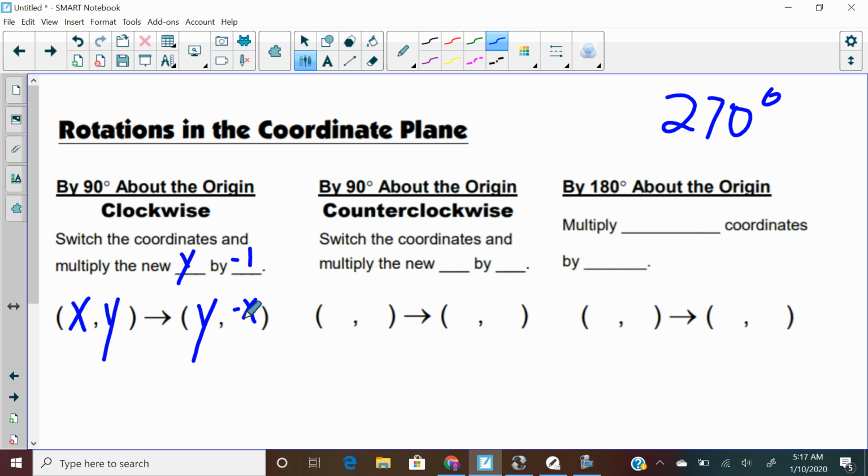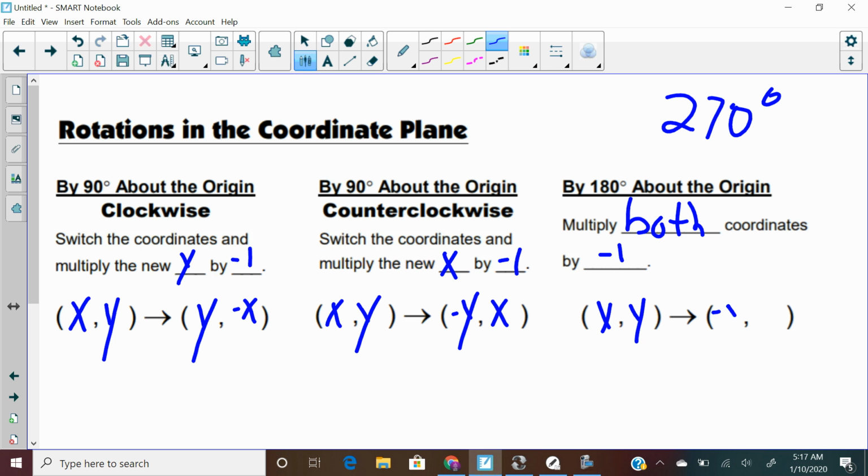When it's counterclockwise, the new x is multiplied by -1. They still flip around, so the ordered pair becomes (-y, x). And when we do 180 around the origin, we multiply both coordinates by -1. They do not flip around. So (x, y) just becomes (-x, -y).